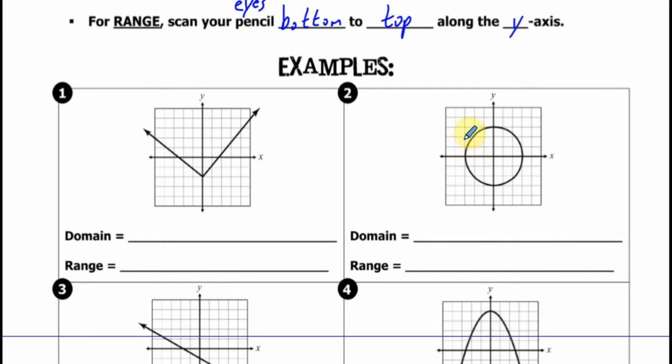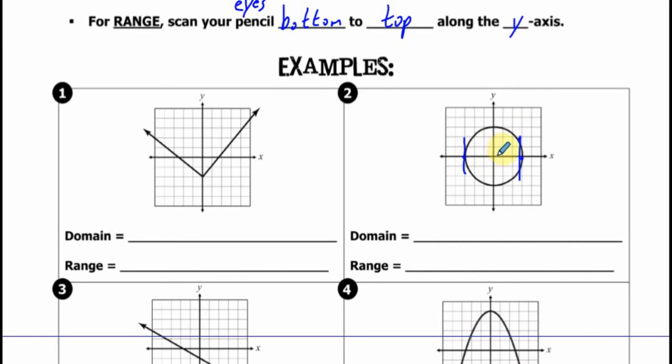Well, it's this right here. So the furthest left it goes is this point. So I'm going to draw a line through that. And then as I trace my pencil along my graph, my rightmost point is right here. Draw a line through my x-axis.